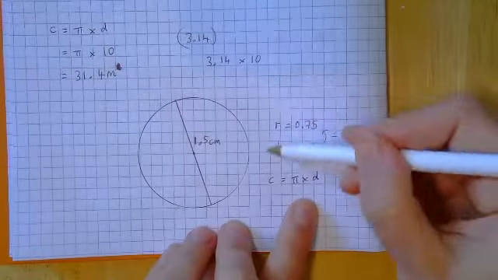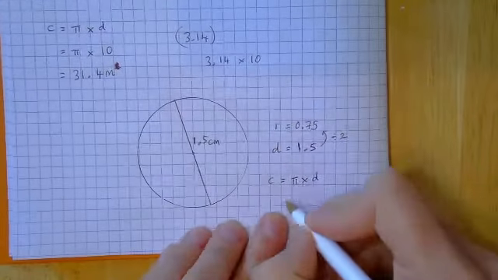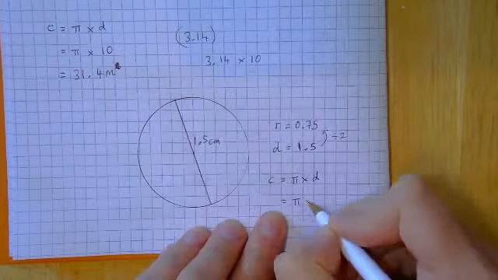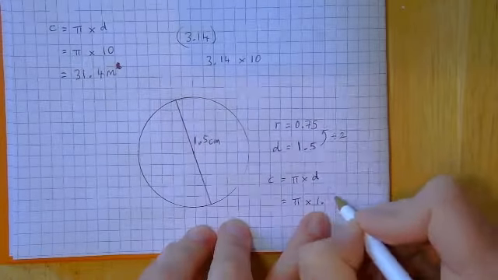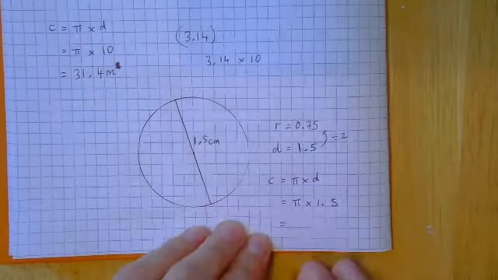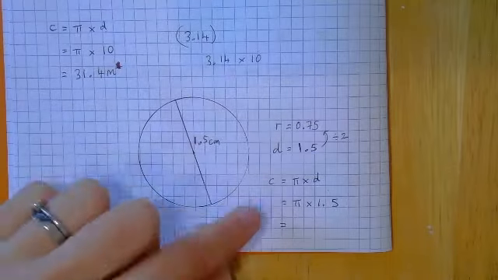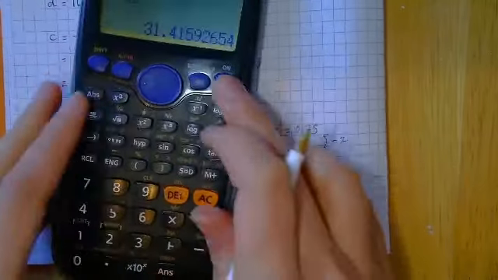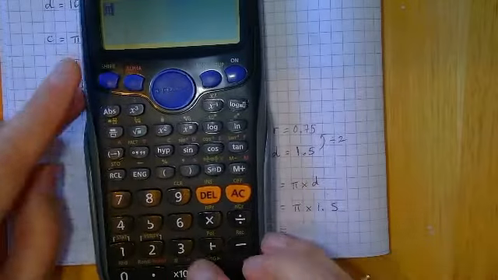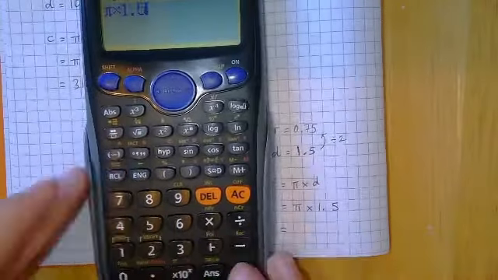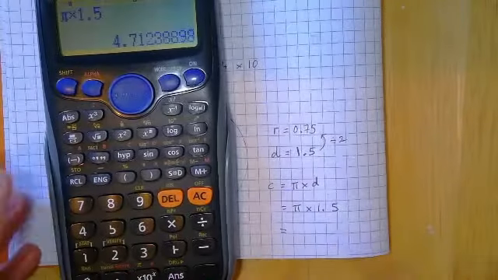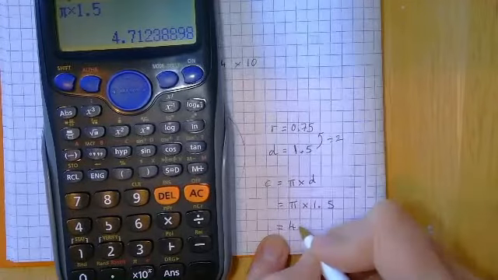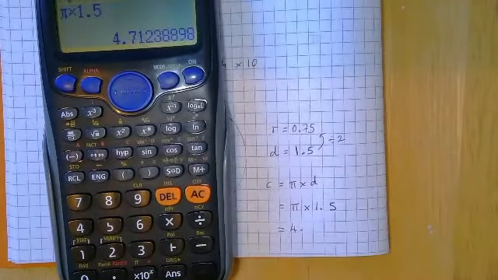So C equals pi times D. We always write that. So that was step 1. Step 2, we write the formula. And then step 3, we put in our D. What's our D? 1.5. So if you don't have a calculator with a pi button, you're typing in 3.14 times 1.5. We're going to type in pi times 1.5. What do we get? Press the button.